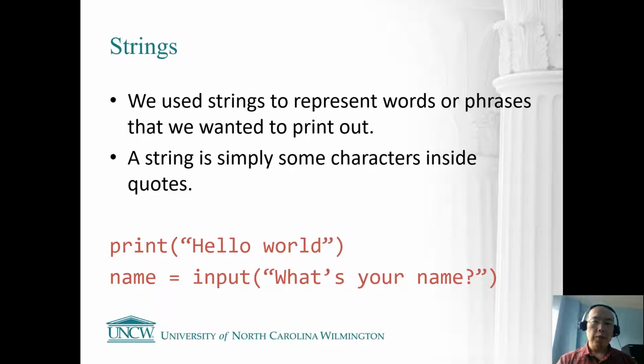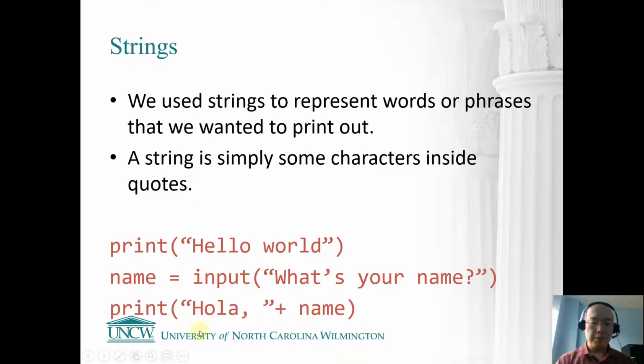Okay, so when we do the input, the prompt is also a string. And another thing, when we take the user's input, we assign that to a variable called name, right? So this name also holds a string. From the input, it's guaranteed we will always get a string.